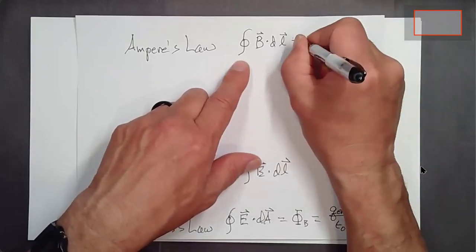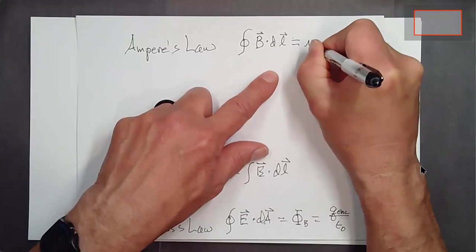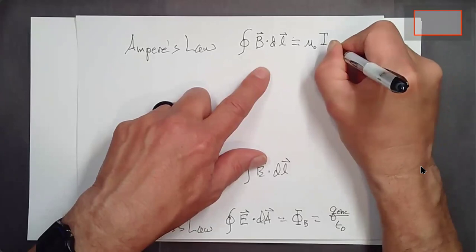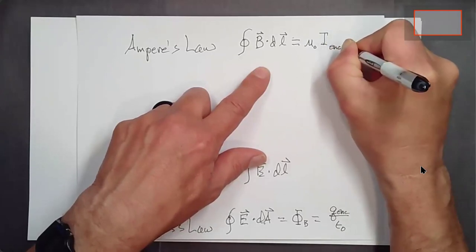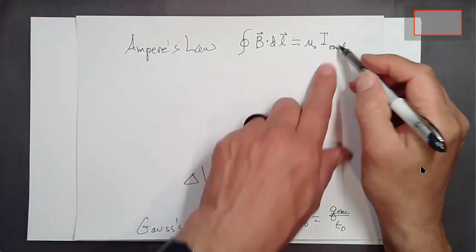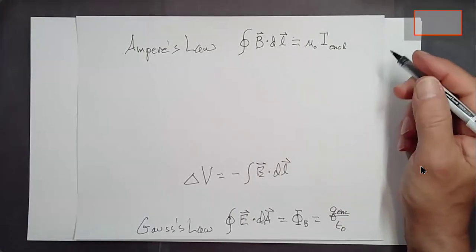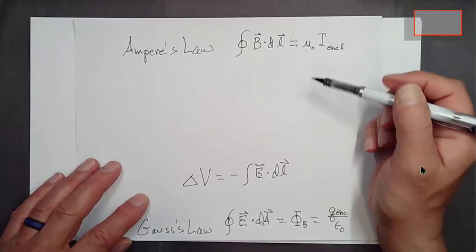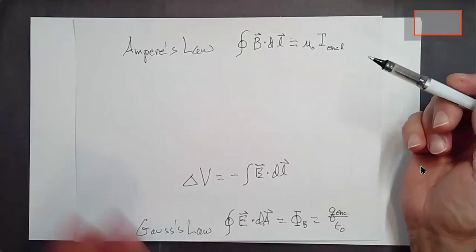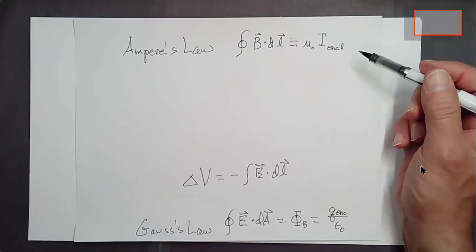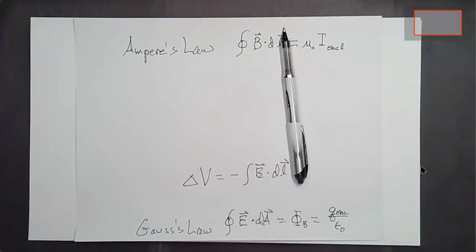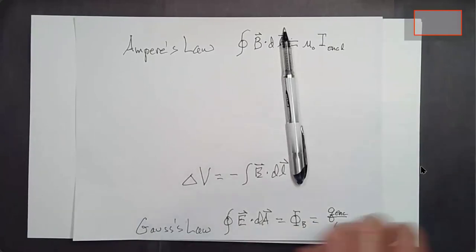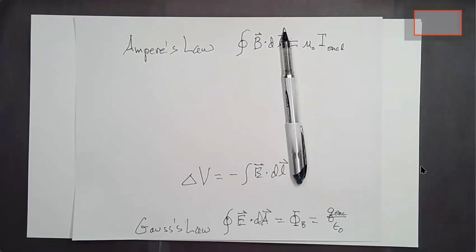What it ends up equaling is mu naught times the current enclosed by the loop you just did. So this is kind of weird. Again, why in the world should this be the case? Well, take multivariable calculus. When you get to the Stokes theorem part, and I'm not even positive it's in the book all the time, I'm going to go grab a multivariable calculus book, just a sec.